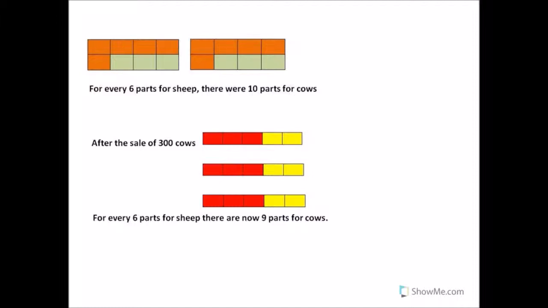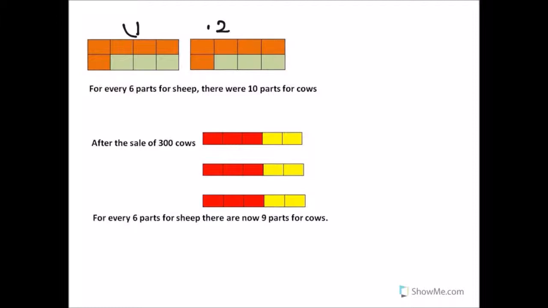There is no way we can compare the 3 parts of sheep with the 2 parts of sheep, because it's only the cows that were sold. So let's repeat the combination 2 times, once here and twice here.